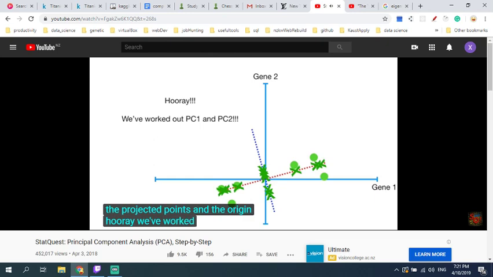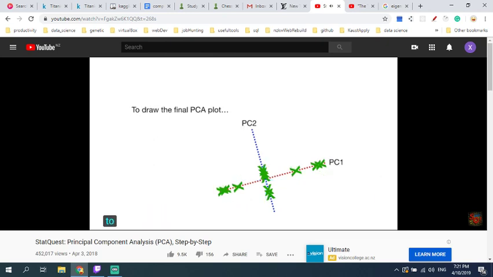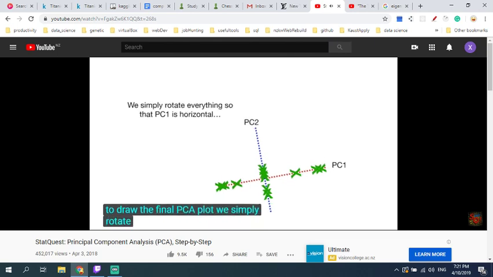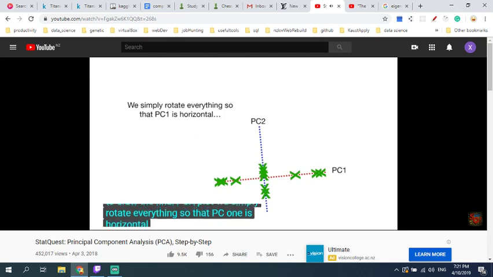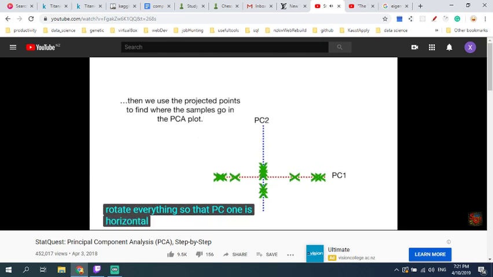Hooray! We've worked out PC1 and PC2. To draw the final PCA plot, we simply rotate everything so that PC1 is horizontal. Then we use the projected points to find where the samples go in the PCA plot.